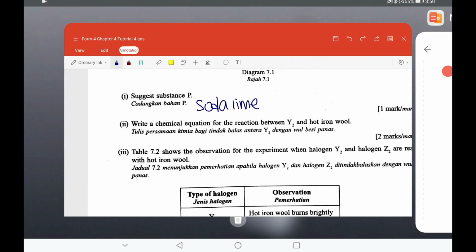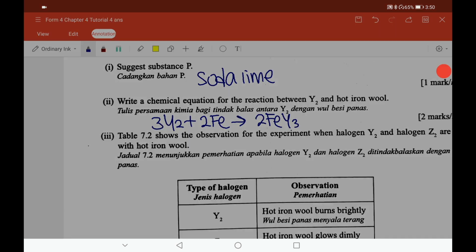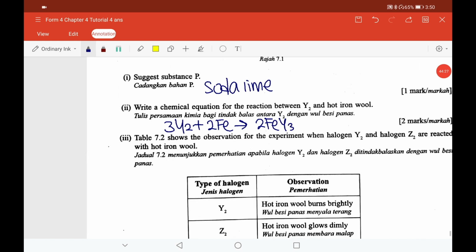So your final formula is 3Y2 plus 2Fe to become 2FeY3. Yeah, so this is how we write the chemical equation without memorizing. I do it step by step. I predict the equation rather than memorize it.